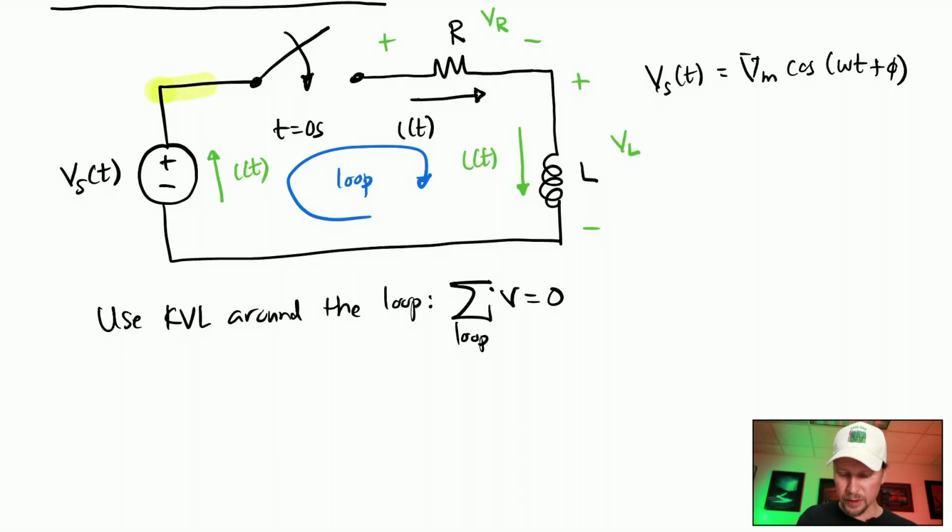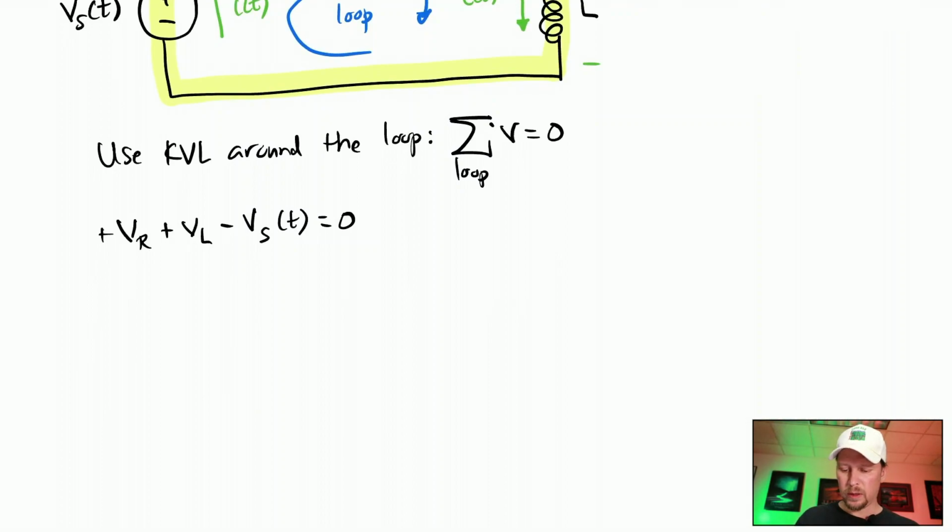I start over here, and then I move around my loop, going through the resistor first, followed by the inductor, and then followed by the voltage source. Notice that I can complete my loop by adding V sub R plus V sub L, and then minus V sub S. So here, immediately, by adding those voltages around the loop, I can say that this is plus V sub R plus V sub L minus V sub S, which is a function of time, and that has to add up to 0. This is going to be my equation 1.